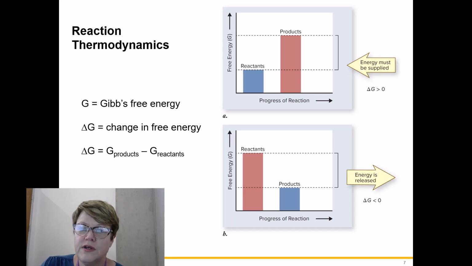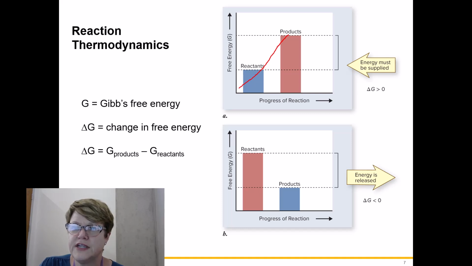So when a reaction builds something, so anabolic reactions, energy has to be put in to make a bond. And so on these charts here, this is the progress of a reaction on a graph. They used a bar graph, but I'm drawing a line to connect the reactants and the products.